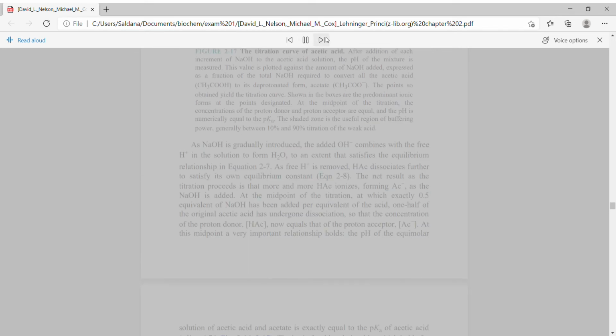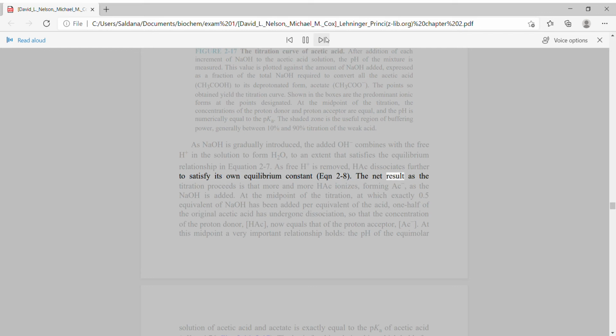At the beginning of the titration, before any NaOH is added, the acetic acid is already slightly ionized, to an extent that can be calculated from its ionization constant, Eq. 2-8. As NaOH is gradually introduced, the added OH- combines with the free H+ in the solution to form H2O, to an extent that satisfies the equilibrium relationship in Eq. 2-7. As free H+ is removed, HAc dissociates further to satisfy its own equilibrium constant, Eq. 2-8.